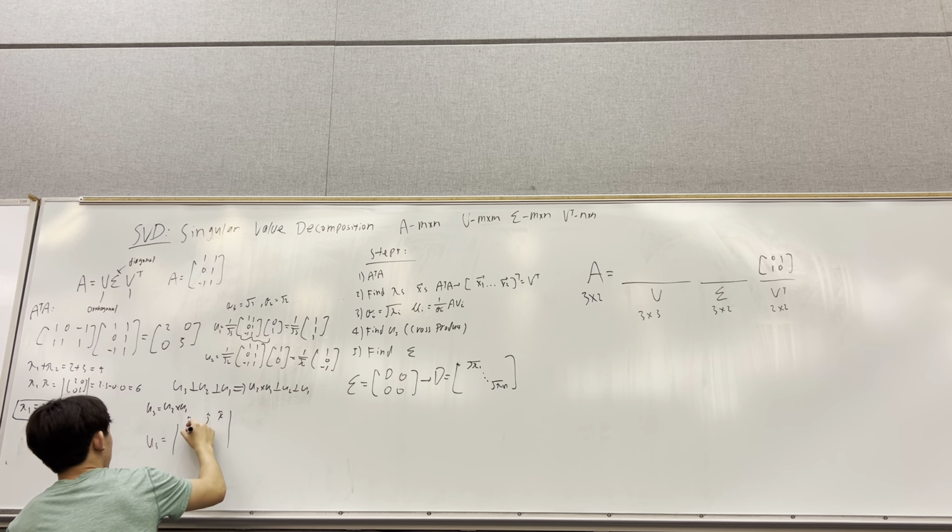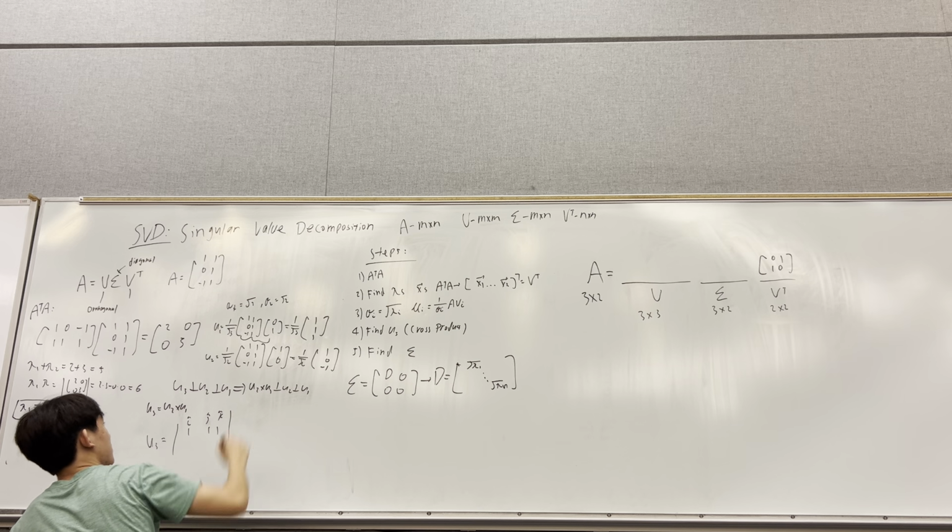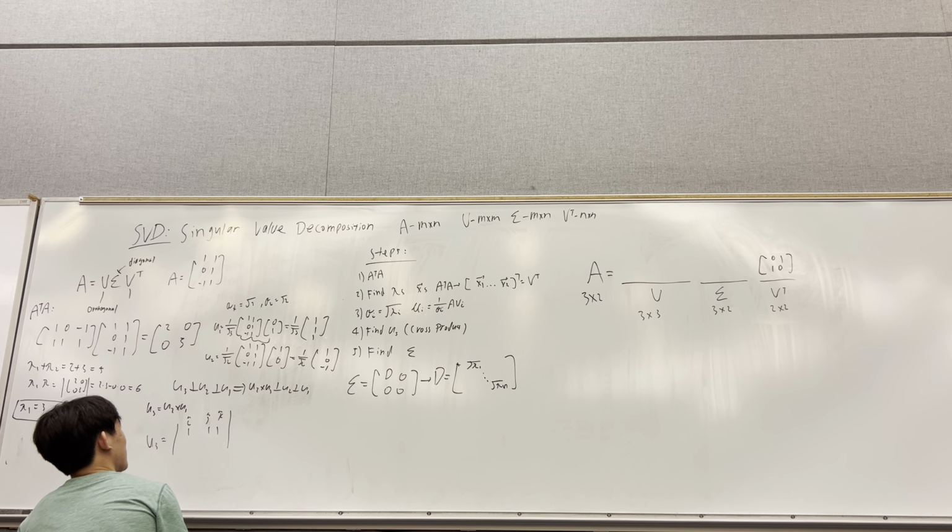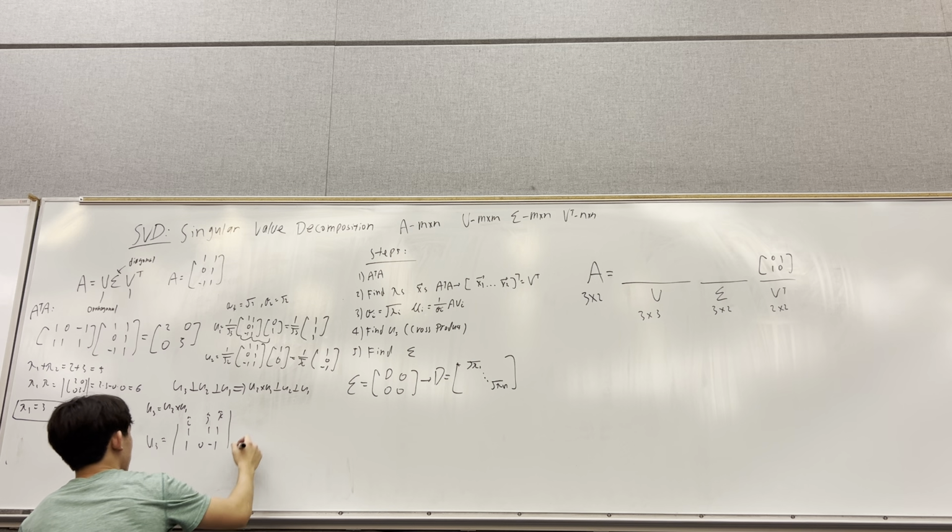So u3, with i, j, k, we put u1 in first. Let's simplify calculations and leave the vector without the 1 over square root of 3. And similarly, we have (1, 0, -1).